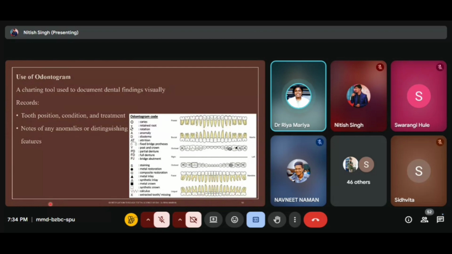There are particular codes for that, and dentists put these codes to denote missing teeth, any kind of stain, metal restoration, calculus, any post or crown. So everything can be mentioned using these odontogram codes. And also tooth position, condition, treatment, any anomalies or distinguishing features can be represented using an odontogram.